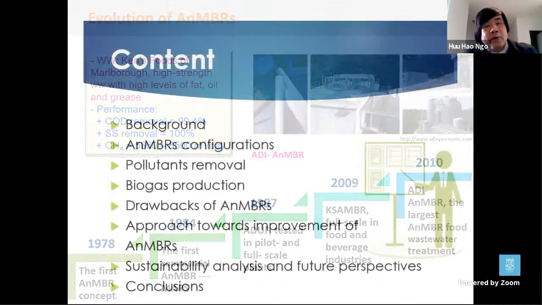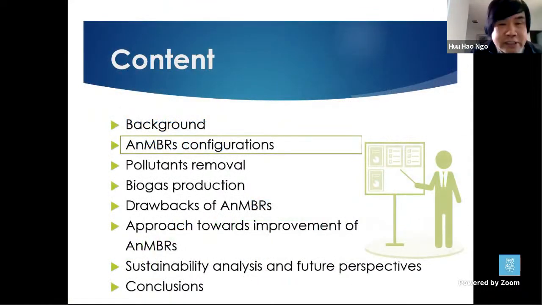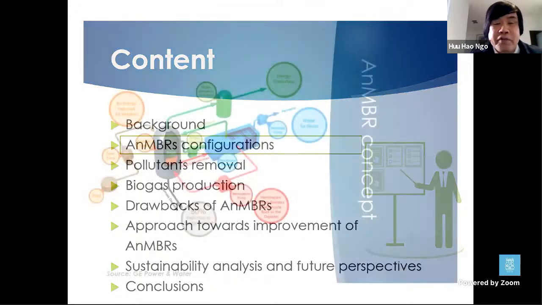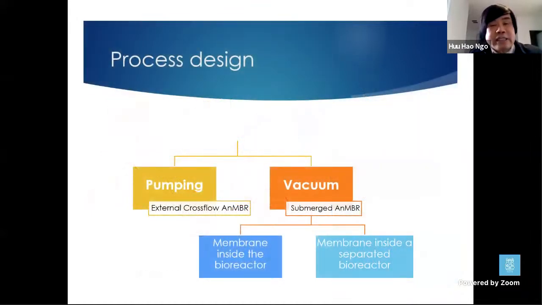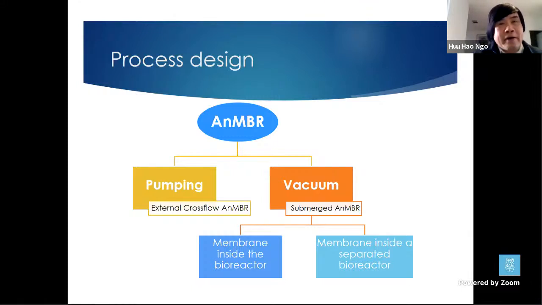Okay. After the background, we go to the anaerobic MBR configuration. It's very easy. We have an anaerobic bioreactor. What does anaerobic mean? Everyone should know: aerobic is with oxygen, and anaerobic is completely without oxygen.